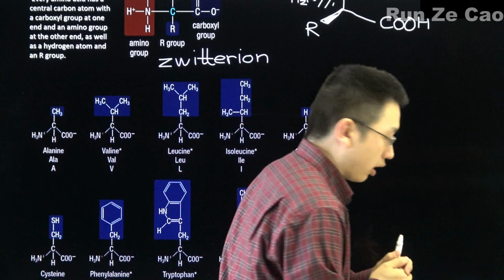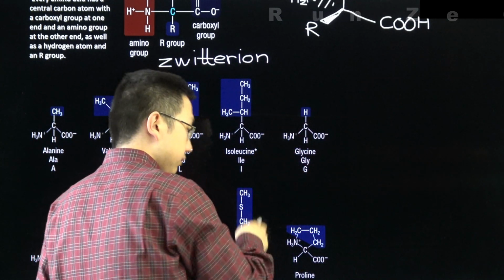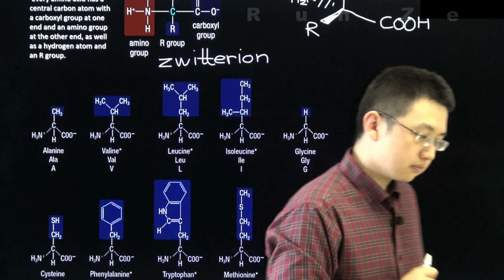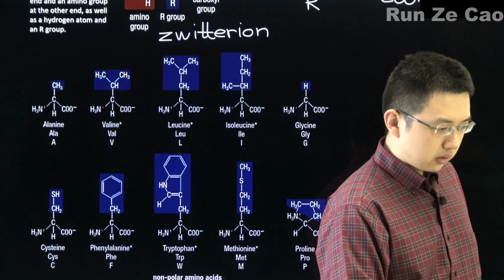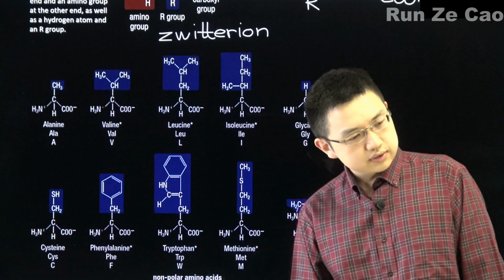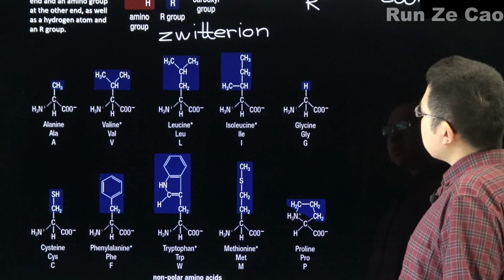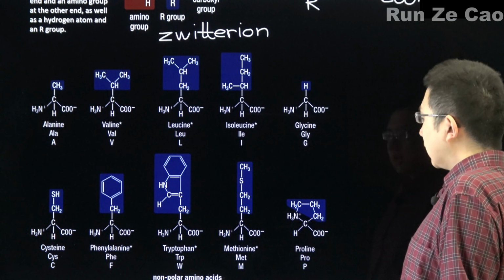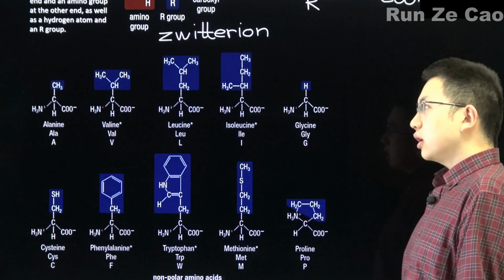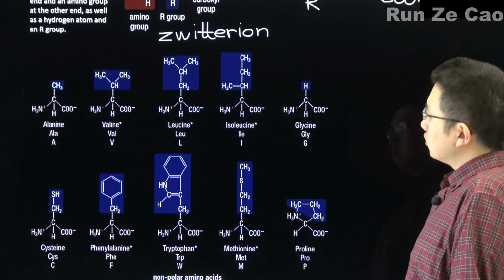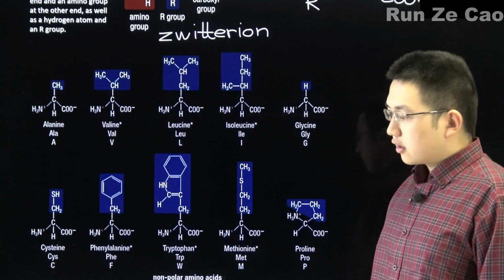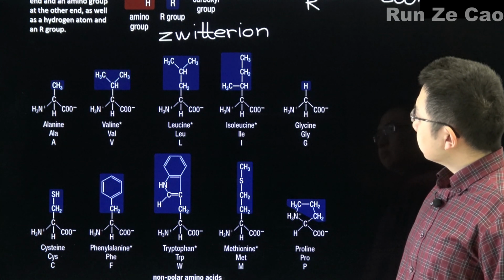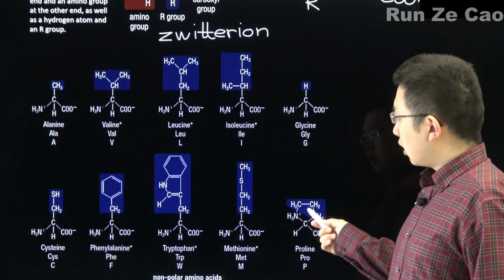So we can have an R group as simple as a single hydrogen atom, so for glycine, or we can have alanine, or valine, leucine, isoleucine. Hey, wait a second. Do we notice a trend here? What about a hydroxyl or a carboxylic acid as another side group?